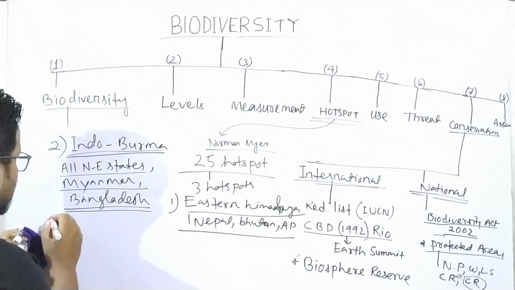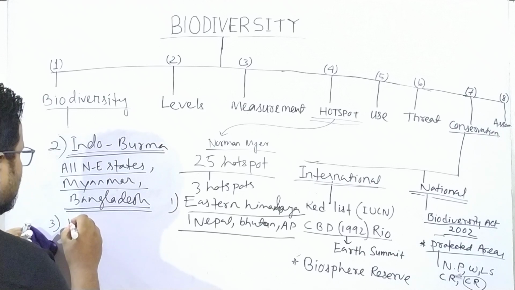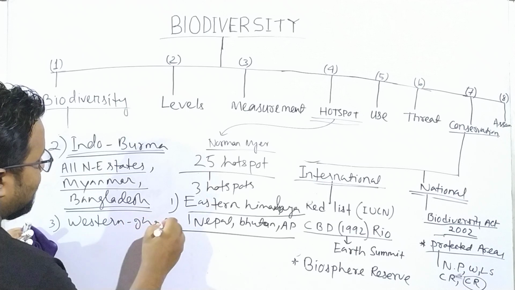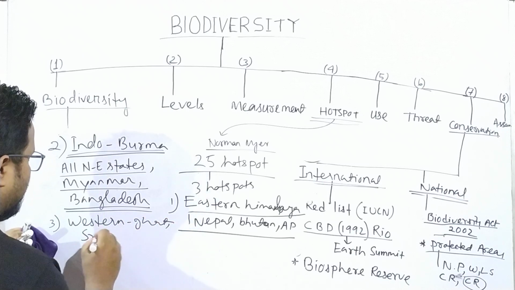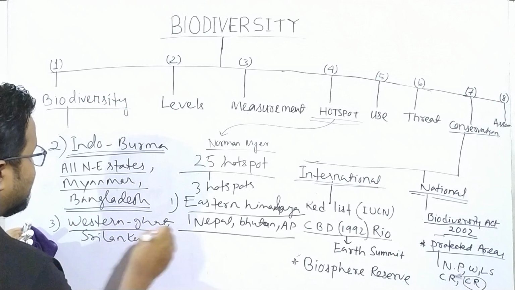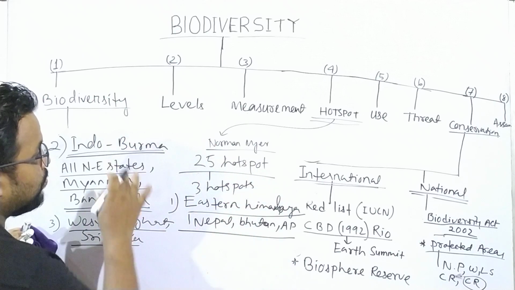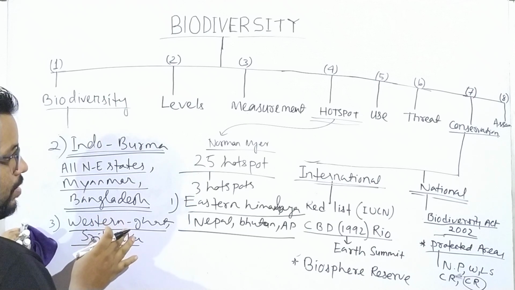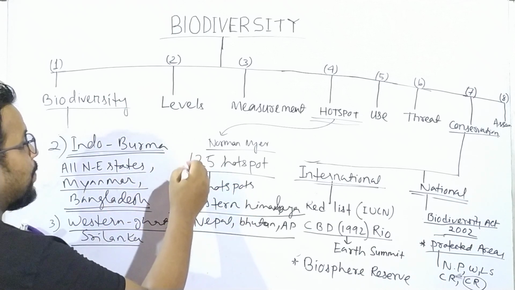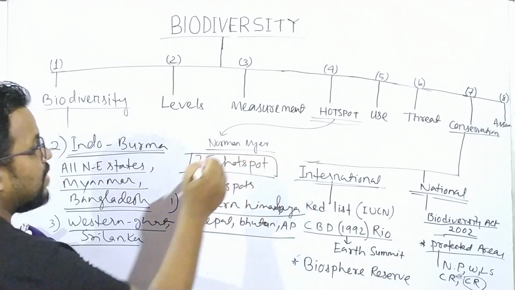Number 3 is Western Ghat, along with Sri Lanka. So these are the 3 hotspots found in India, and the total number of hotspots across the world is 25.